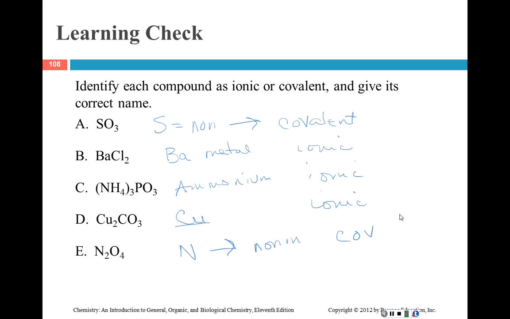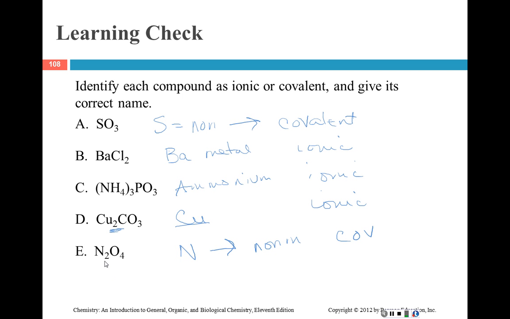And so you should be able to also name those, right? So sulfur trioxide, because it's covalent. Barium chloride, you don't have to put the di on there this time because it is ionic, so it's going to be barium chloride. Ammonium, what? Phosphate. Copper 2 carbonate. Did you remember the Roman numeral?